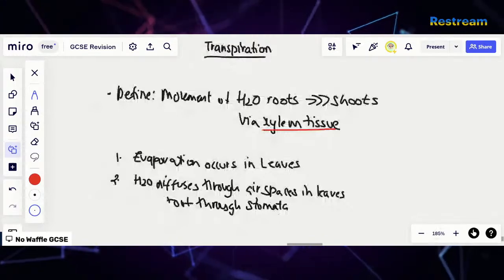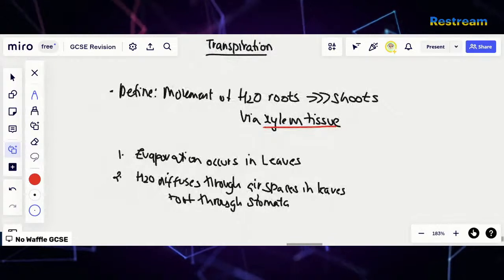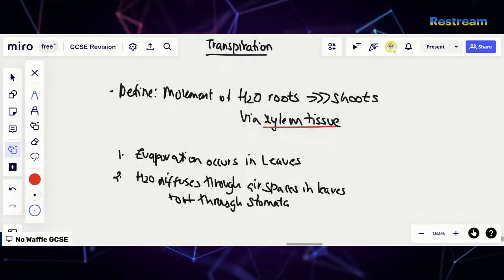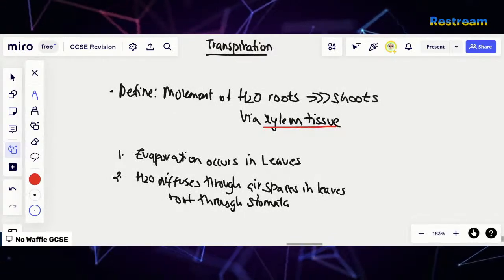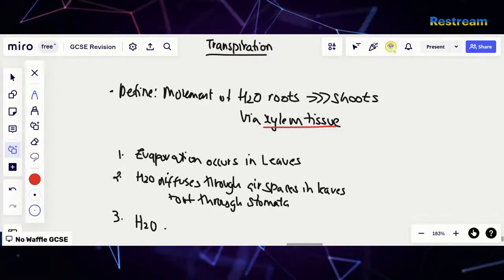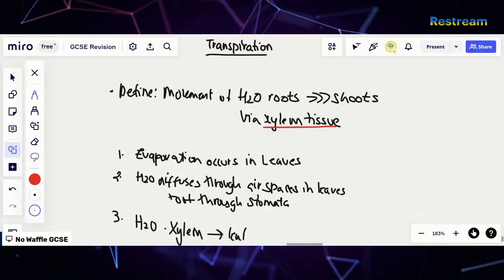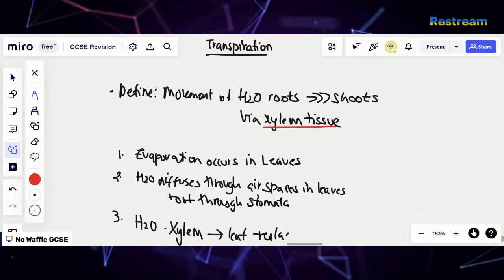Then we have to talk about how it then enters. So water then passes from the xylem tissue to the leaf to replace this lost water in the leaf.